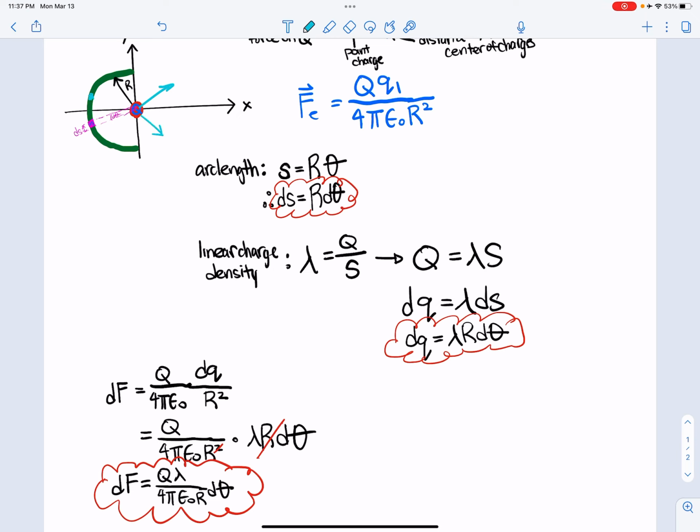These two forces have an x component and a y component. Let's say they're both at the same angle theta. The y components are equal and opposite, so they're going to cancel each other out. But the x components are going to add on top of each other.